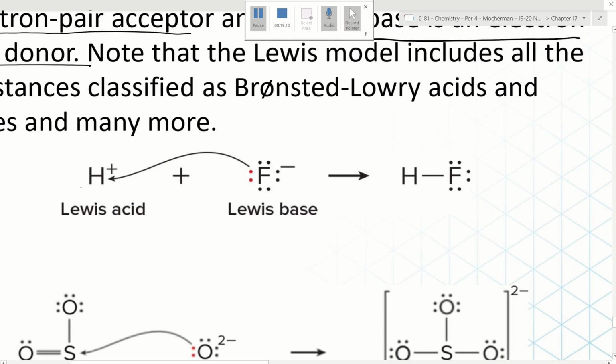H plus has no electron pairs, so that H plus is going to bond to this pair of electrons right here. Because F minus is donating the electron pair, that makes it the base. And because hydrogen is accepting the electron pair, that makes it the acid. So it's all just what's happening with the electrons.